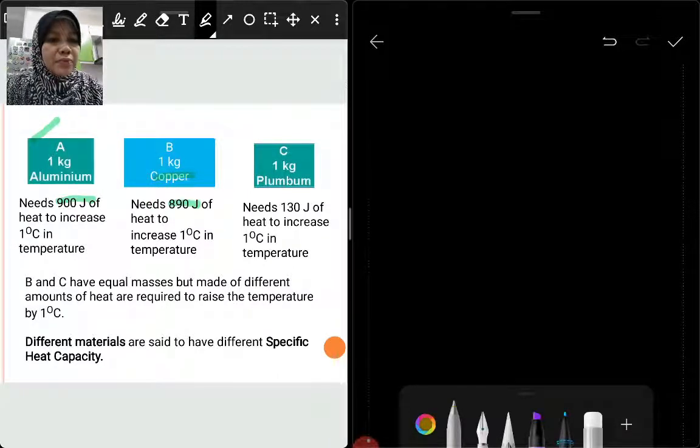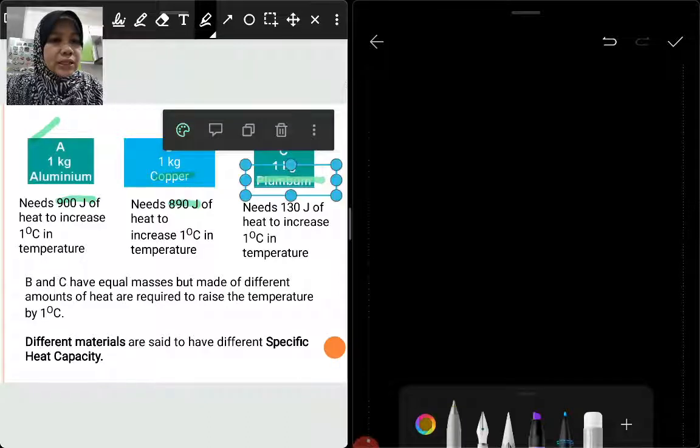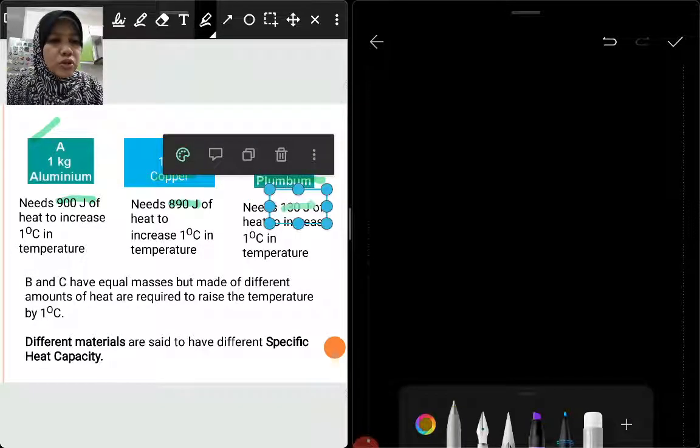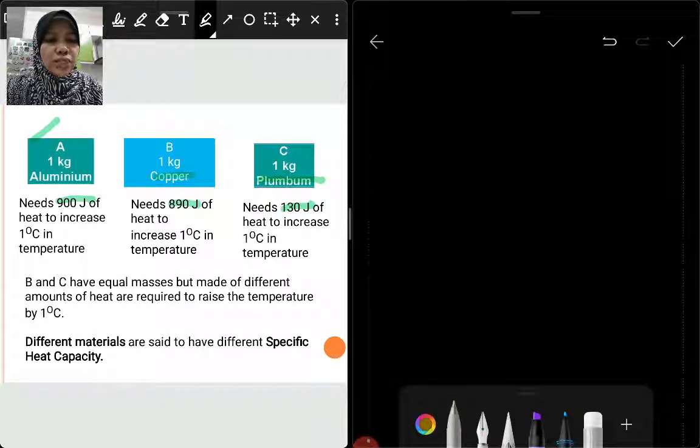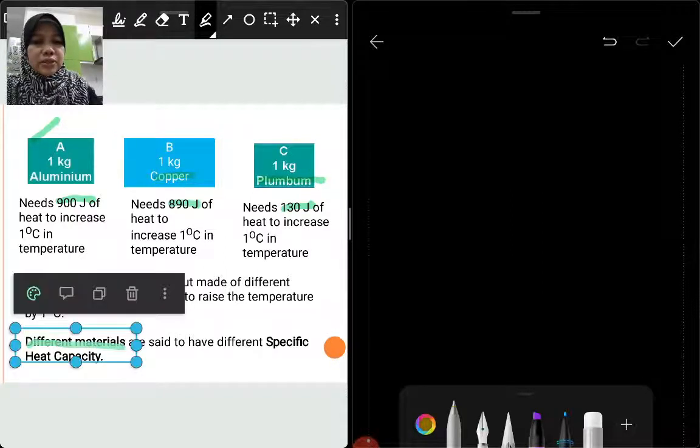And plumbum needs 130 joule of heat to increase 1 Celsius degree in temperature. So you can see here, A, B, and C have equal masses, but different amounts of heat are required to raise the temperature by 1 Celsius degree. That means different materials are said to have different specific heat capacity.